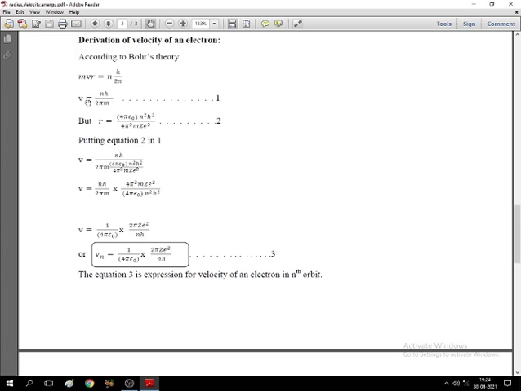Now rearrange for v, v साठी rearrange केला, v is equal to nh upon 2 pi m r. Again here r is missing, इथं r missing झालेला आहे, राईट. इथं r असायला पाहिजे. Now put the value of r, r ची व्हॅल्यू इथं ठेवायची. r is equal to 4 pi epsilon 0 n square h square upon 4 pi square mz e square.